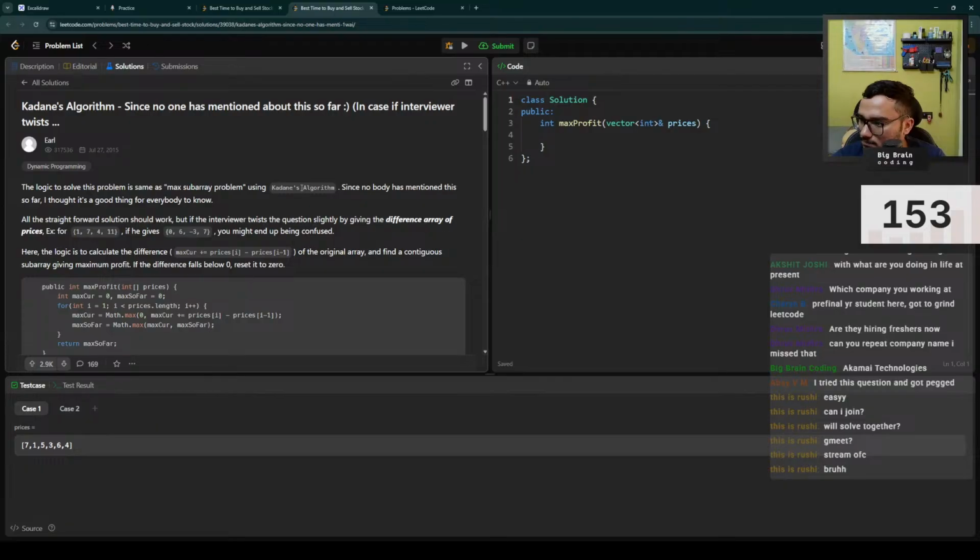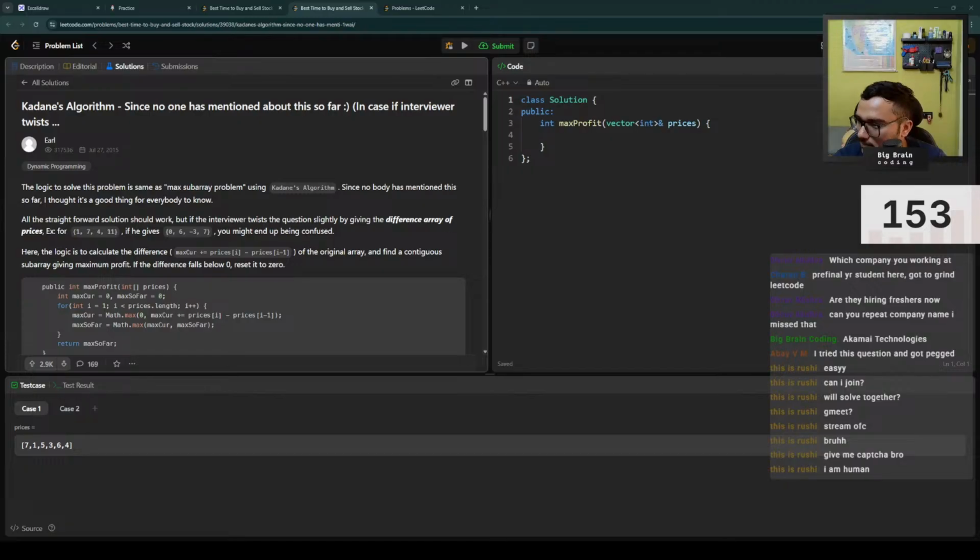Give me captcha. I am human. Bro. What is this? Okay. No worries, man. Just, okay, let me create a Discord server. Okay, you can join there. Add a server. Start from a template.